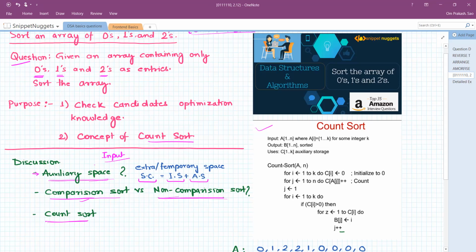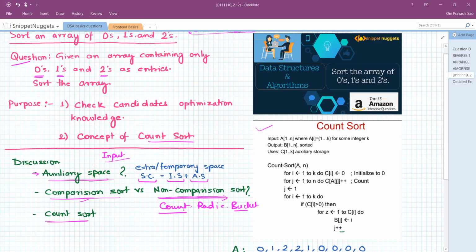There are non-comparison sorts, but we generally don't come across them. Examples are count sort, radix sort, or bucket sort. In non-comparison sort, in order to arrange the entries in sorted manner, we don't compare them among others. For finding which is the smallest element or which will come first, we don't compare it with other elements; we apply some other logic.